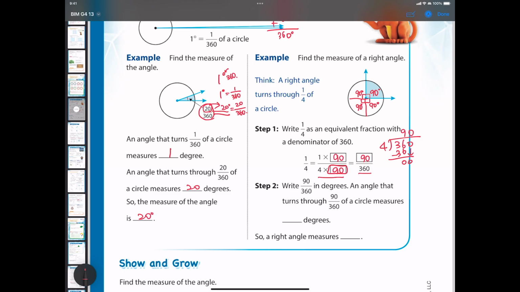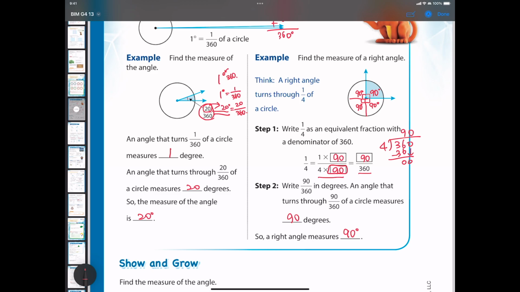Now step 2, write 90 over 360 in degrees. An angle that turns through 90 over 360 of a circle measures 90 degrees. So write, the angle measures 90 degrees.